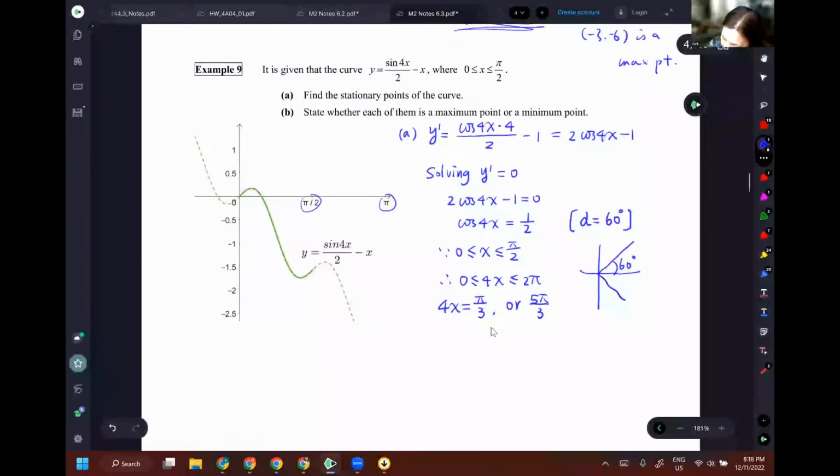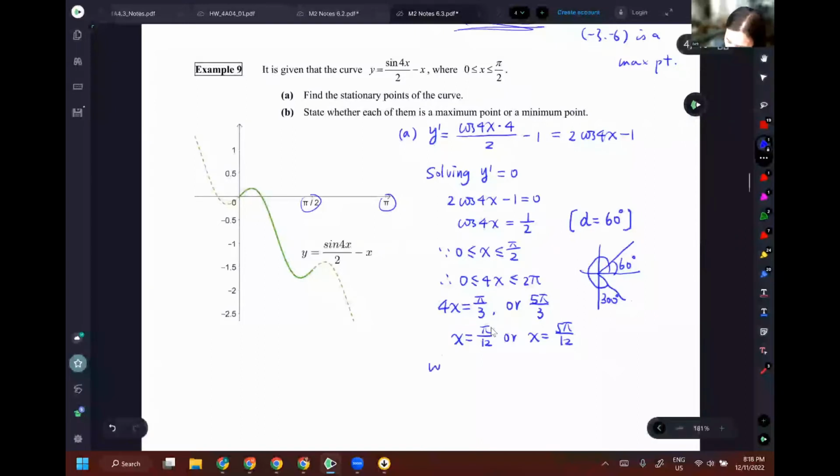The other angle is here, 300. Both of them have the same cosine value. x equals pi over 12, or x equals 5 pi over 12. Now, the stationary points are at these 2 points. I don't know maximum, minimum, or saddle point, but they are all stationary.